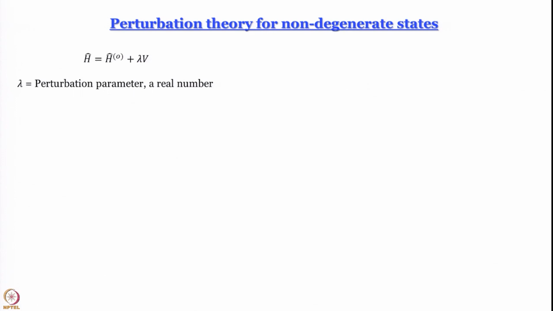The expressions for wave function and energy are more or less the same. You write the wave function as psi k, the kth state wave function, equal to the unperturbed wave function for that state plus a sum of lambda to the power j times the jth order correction term for the wave function of the kth level, lambda to the power j psi k jth. That is how we write it. So the coefficient becomes lambda to the power j.